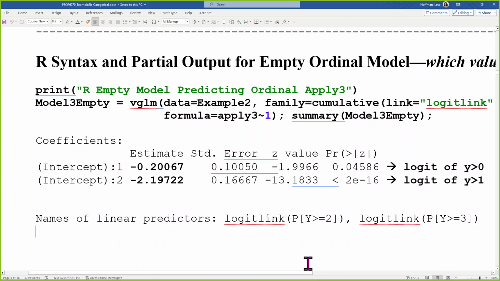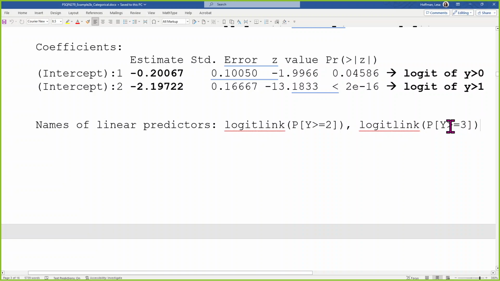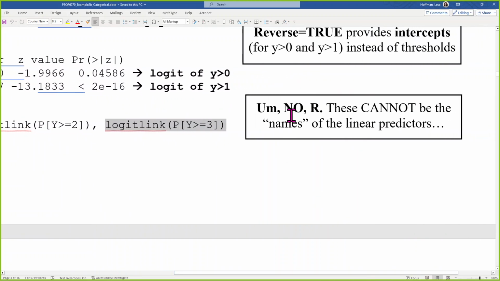Highest is 2. And this is what R printed. The logit of greater than or equal to 3. There is no 3. R is just crazy. So this is me. No, actually, these are not the names of the linear predictors.